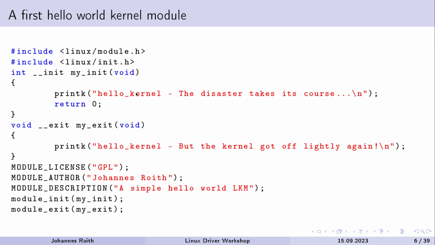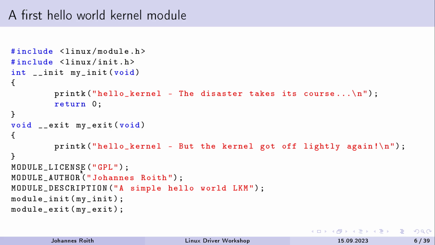And here we're writing "Hello kernel, the disaster takes its course." And here it's important: always end what you're writing to the Linux kernel log with a newline character, otherwise it won't be displayed immediately. And then we're returning 0 to tell the kernel, or to tell user space, the module was loaded successfully.